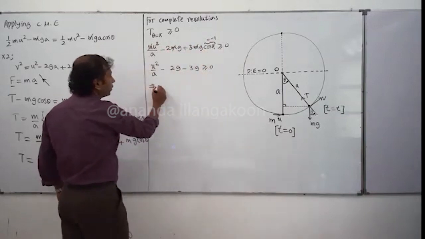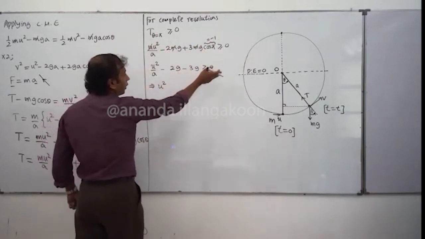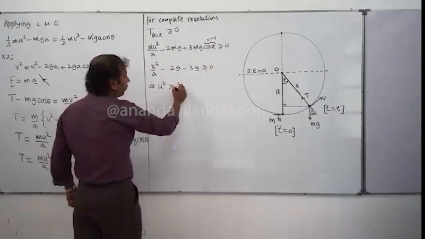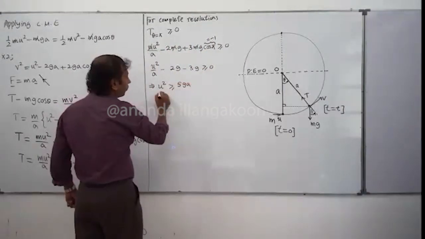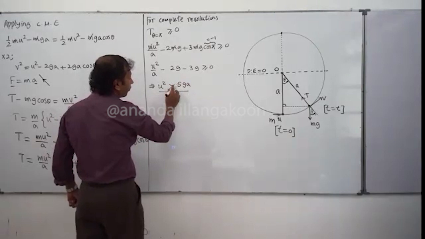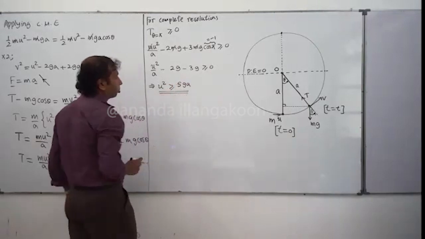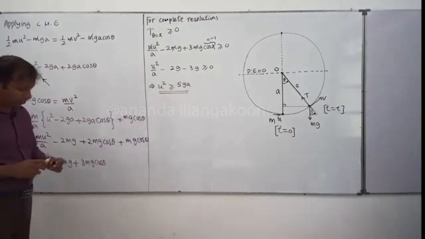This gives us u squared greater than or equal to 5ga. The answer is coming.